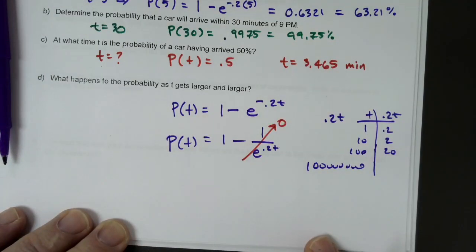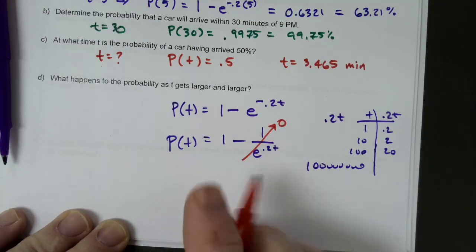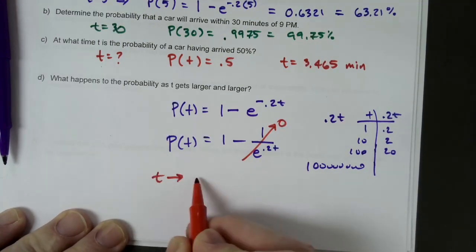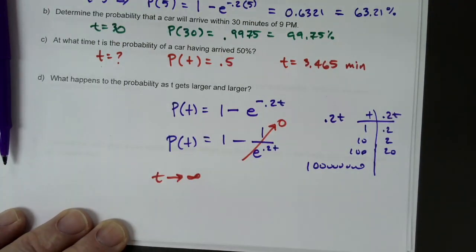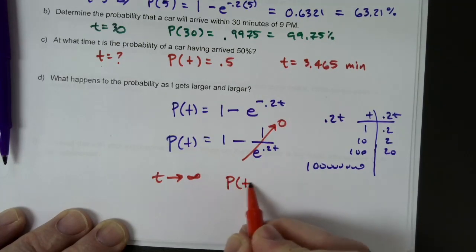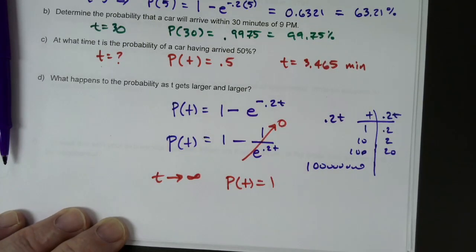What's 1 minus 0? Do you need your calculator for that one? What's 1 minus 0? 1. Guess what? As t gets bigger and bigger or goes to infinity, the probability of seeing a car is 1.